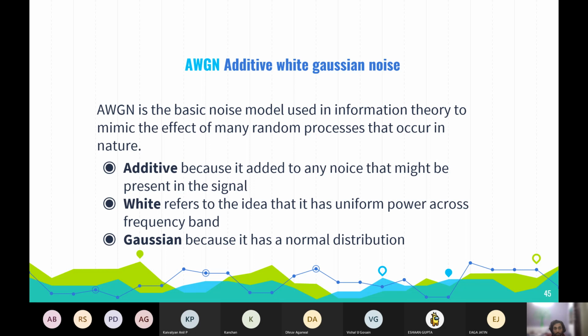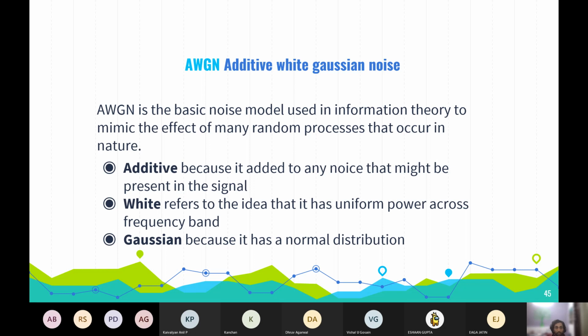White, because it has uniform power across all frequency bands. What this means is that if we calculate the power, that is the integration of the absolute value of amplitude squared over time, we get the power. Power is basically amplitude squared. If we calculate that, it is uniform across all frequencies. So noise contains the components of all frequencies.